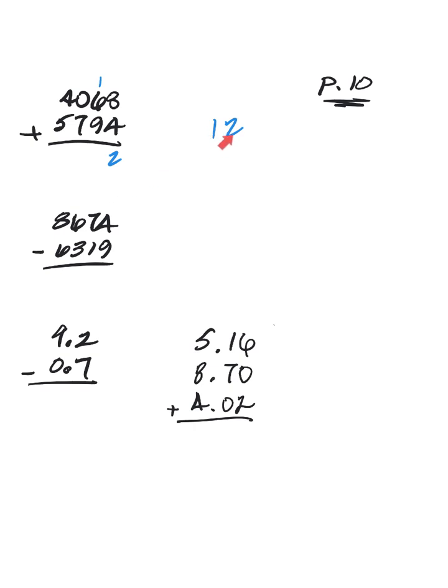So in the number 12, we have 2 units, 2 1's, and 1 10. So we have 2 units, just like I said here, and we add 1 10. That's why the 1 goes in the 10's position.